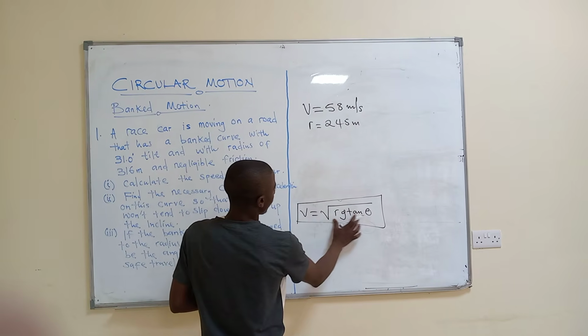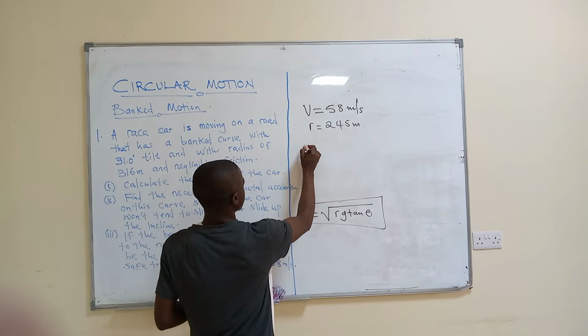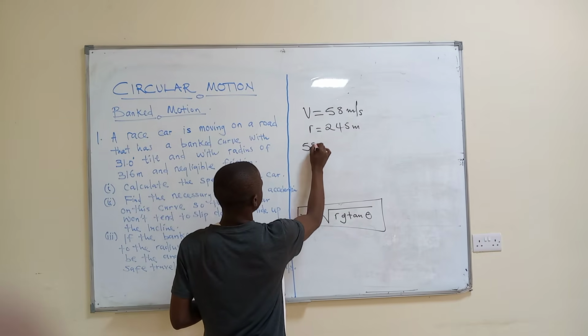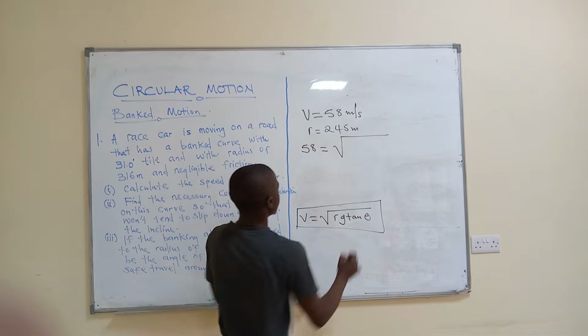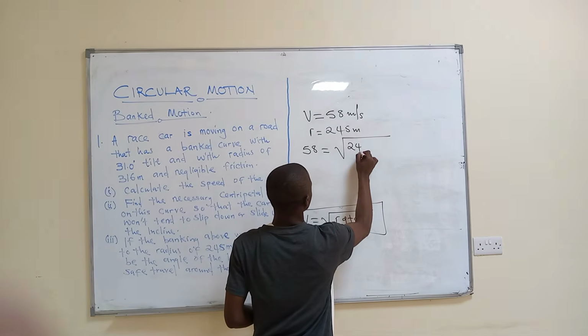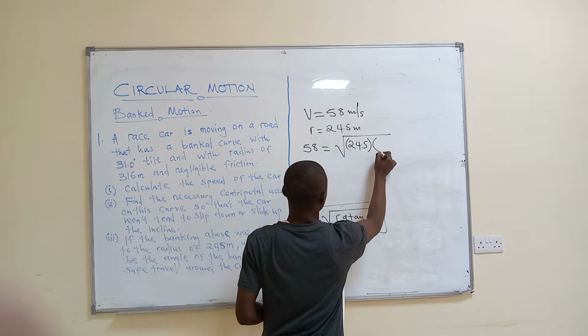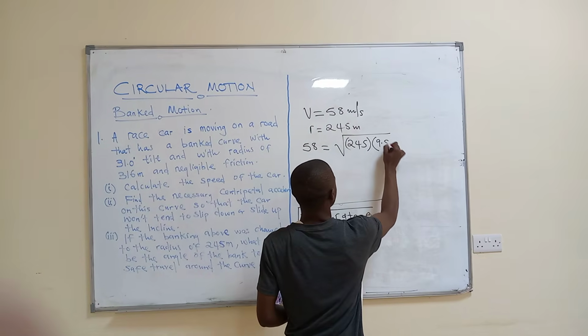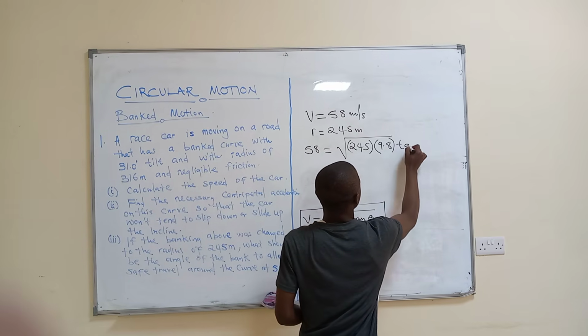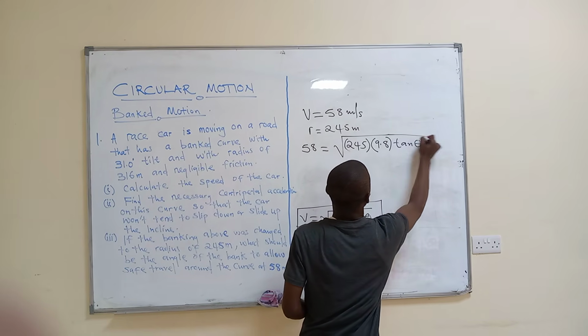So it's just a matter of replacing. So that is speed 58 is equal to the square root of radius, that is 245, multiplied by acceleration due to gravity, which is 9.8, times tan theta.